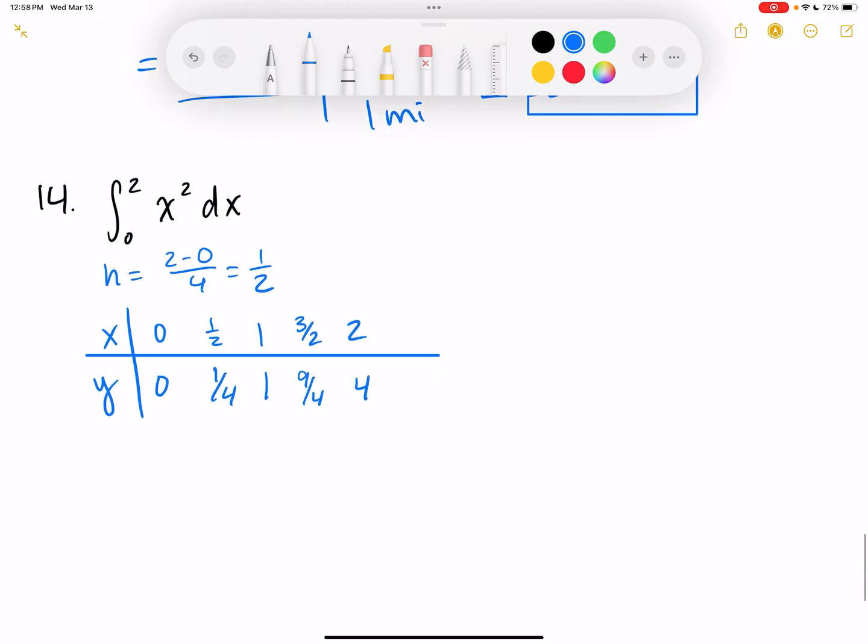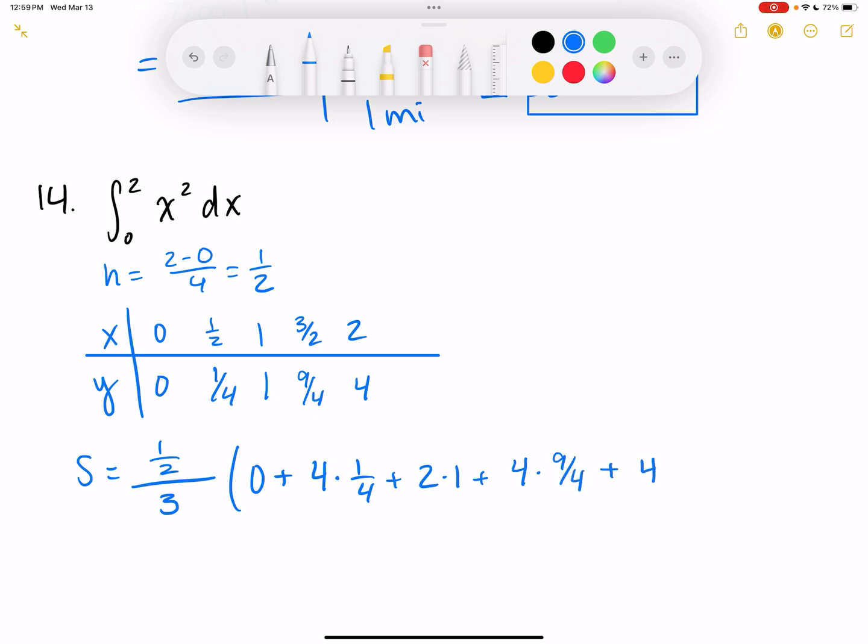So S is equal to h over 3, so 1/2 over 3, times 0 plus, now the first one is 4 times, right? Go back and look, okay. So 4 times 1/4 plus 2 times 1 plus 4 times 9 over 4 plus 4.